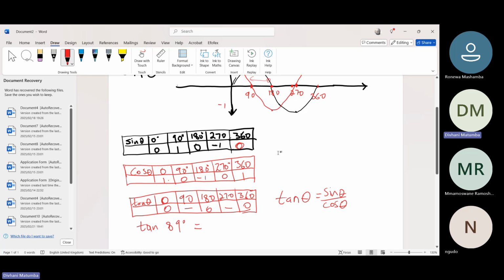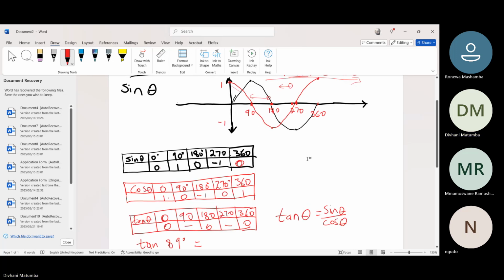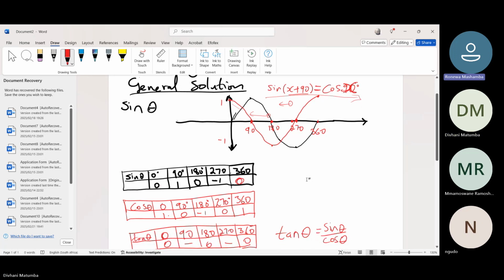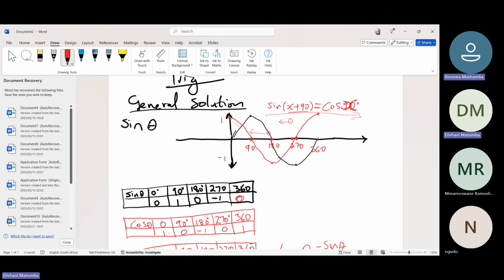What is the tan of 89 degrees? So it's 57.8.